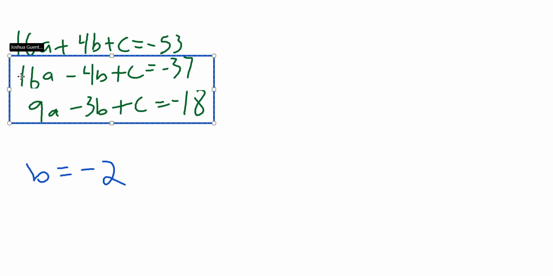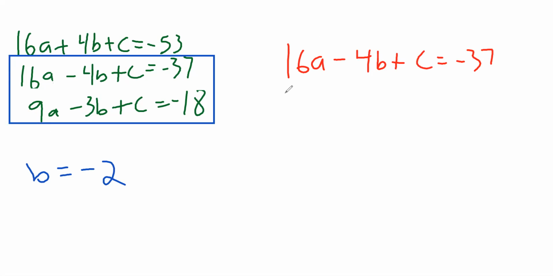I'd only be left with A, and so I could very quickly solve for A. So now what I want to do is take equation 2 here, which is 16A minus 4B plus C equals negative 37, and I want to subtract equation 3 from it. Minus 9A minus 3B plus C equals negative 18.